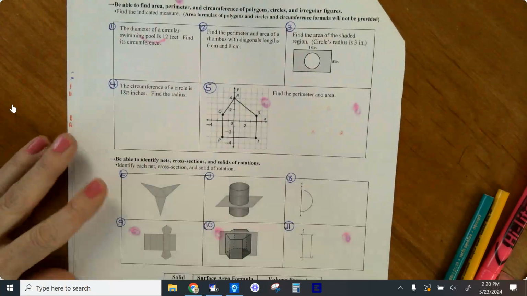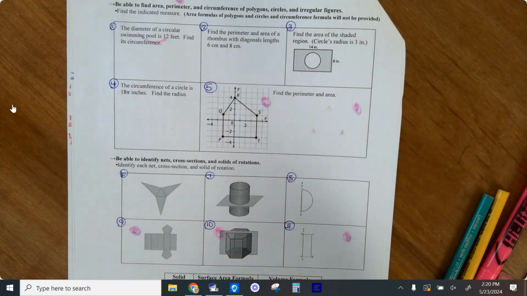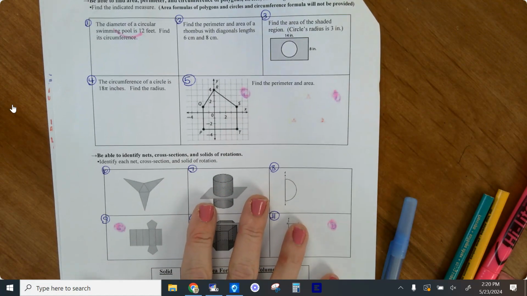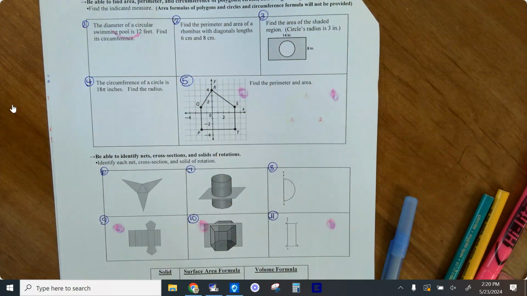Okay, page 4. If you haven't already, please number your questions, and then I want you to decide which ones you want me to do.